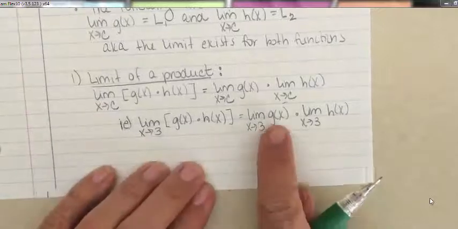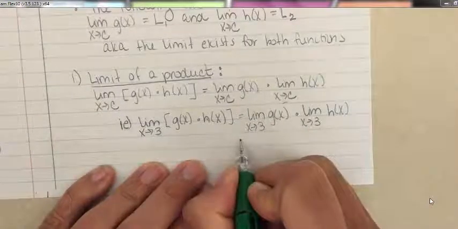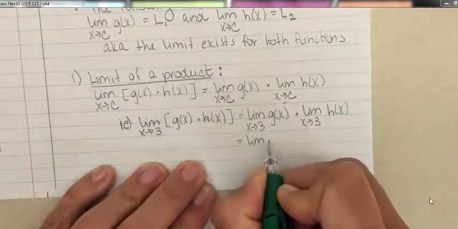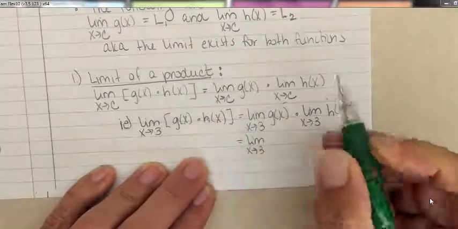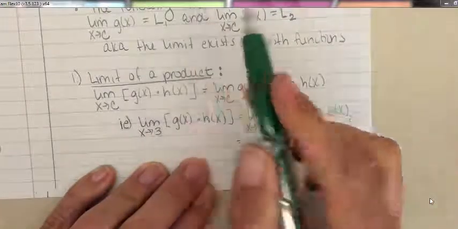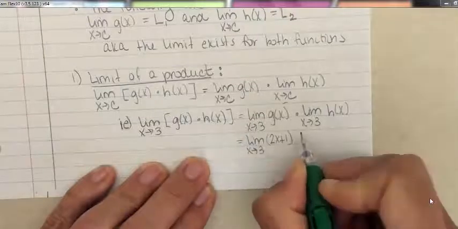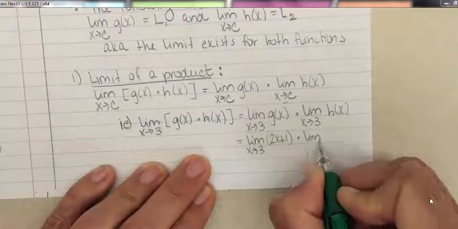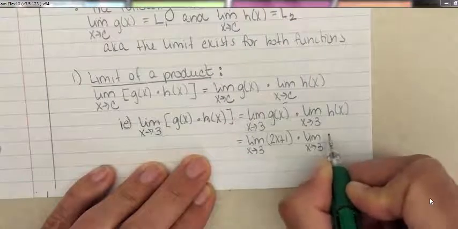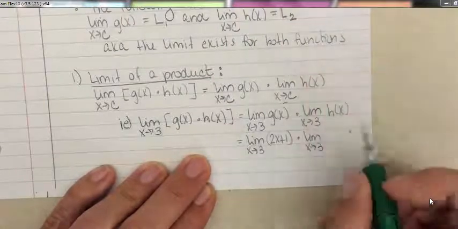And so from there, this is really the limit as x goes to 3 of, and we said g of x was 2x plus 1, times the limit as x goes to 3 of h of x, which we said was 5 minus x.